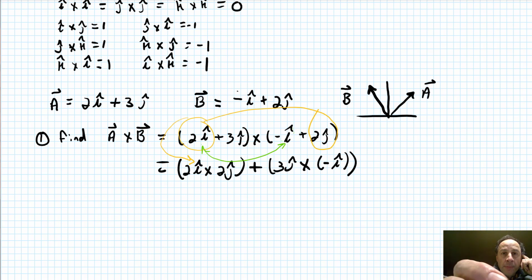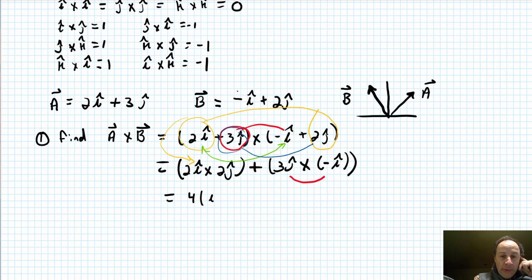You do the same thing with the 3j. When you cross it with the i, okay, you get 3j cross minus i. When you take 3j and you cross with 2j, it's 0. So that's why you end up with this. And then we just simplify using our rules. So this is 4, and for direction, i cross j.